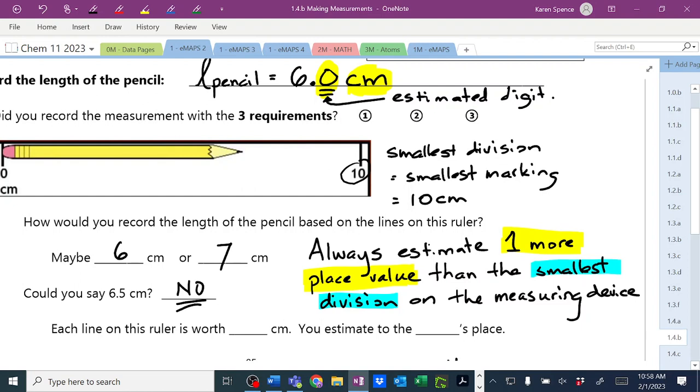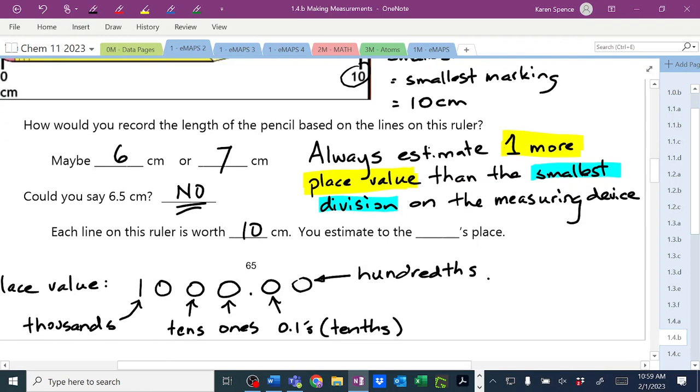So if each line on the ruler is worth 10 centimeters, you want to estimate one more place value than that. So that would be like moving one to the right. So we would go from the tens to the ones, okay? And so you can estimate the ones place, all right? Just like we did on our previous ruler, which measured to the ones, we went to the tenths place.